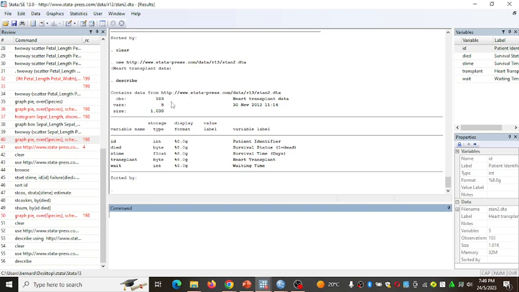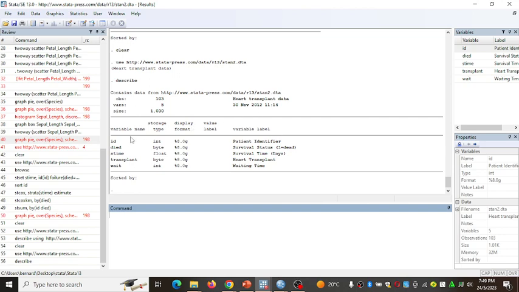We have three observations, 5 variables. Size, this is the size of the data. And the data is for heart transplant.